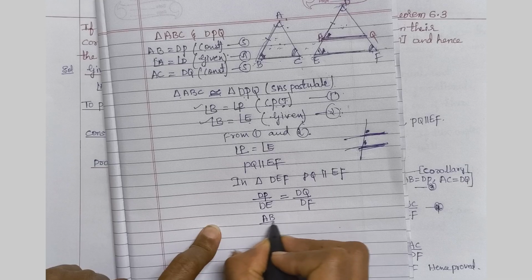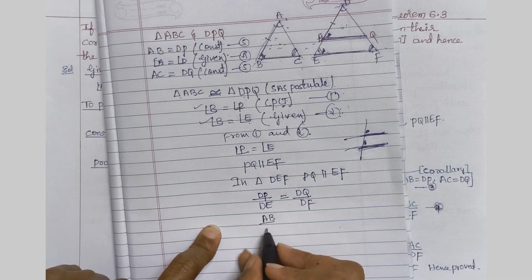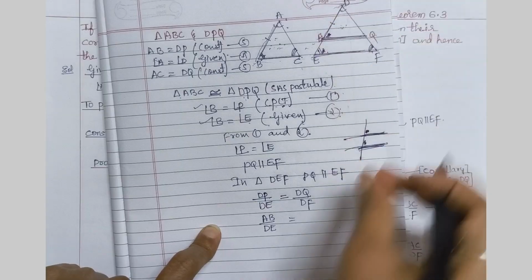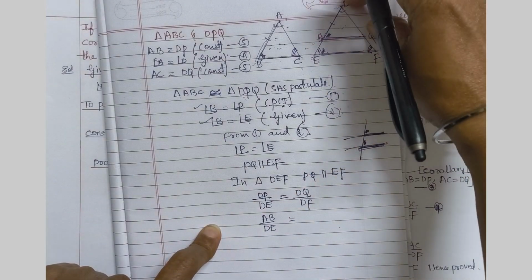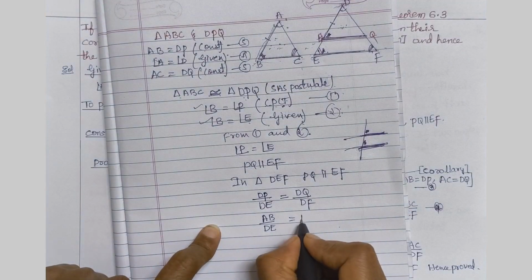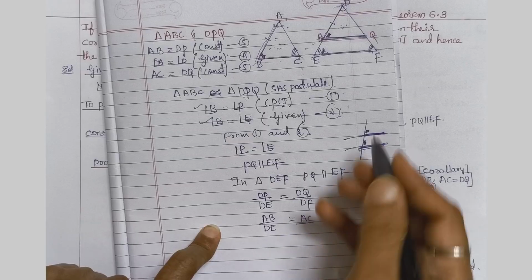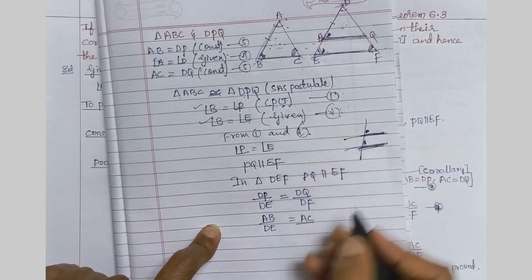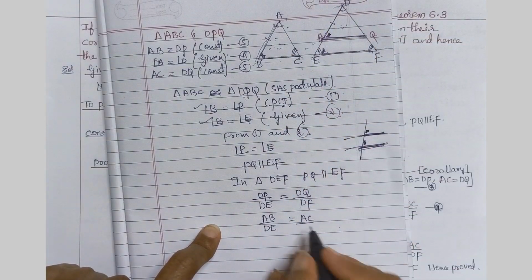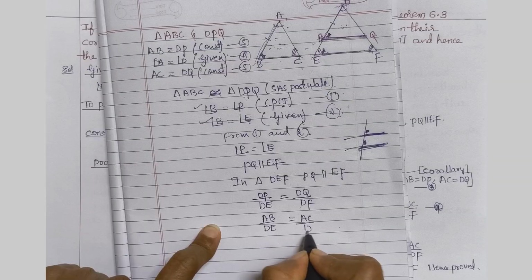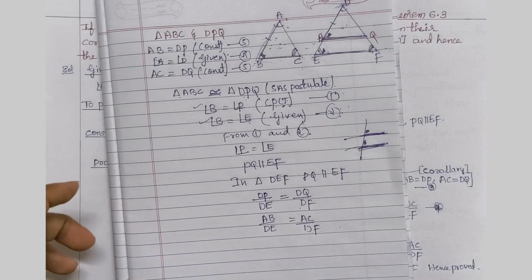AB by DE, the same as taken already. Next, this DQ I am taking as AC. AC equal to DF. This is the proof.